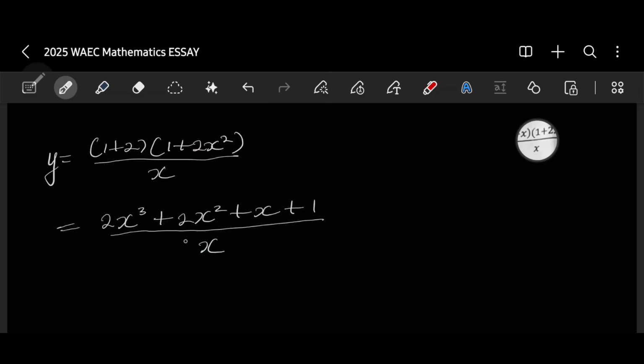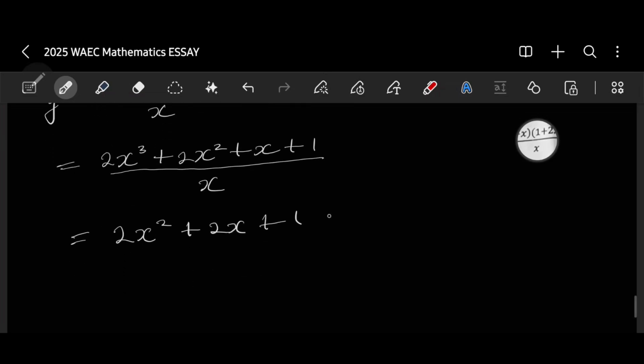What I'm going to do next is divide through by x. 2x cubed divided by x, I'll be left with 2x squared. 2x squared divided by x, I'll be left with 2x. x divided by x, I'll be left with 1. And 1 divided by x is 1 over x.